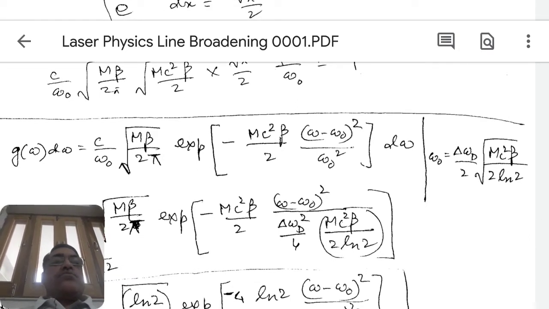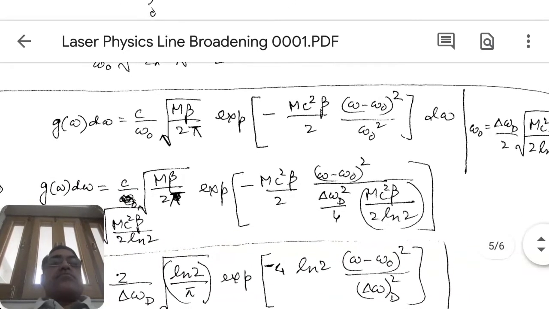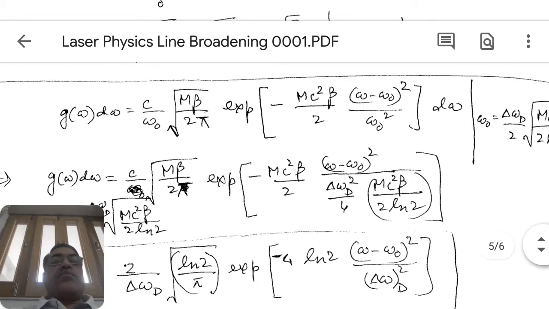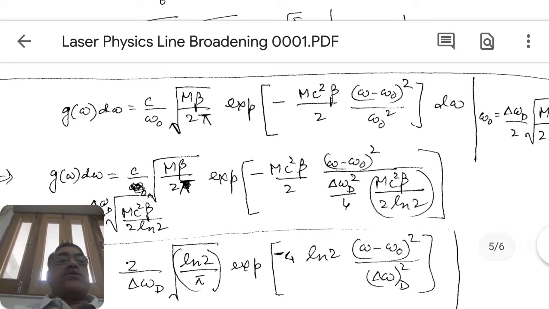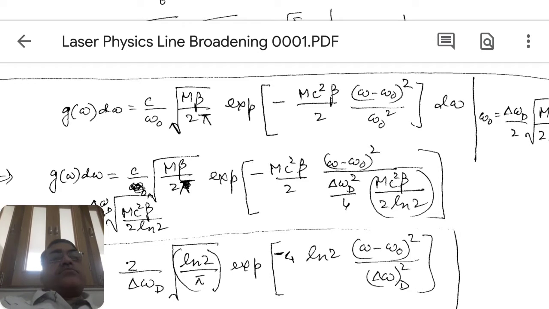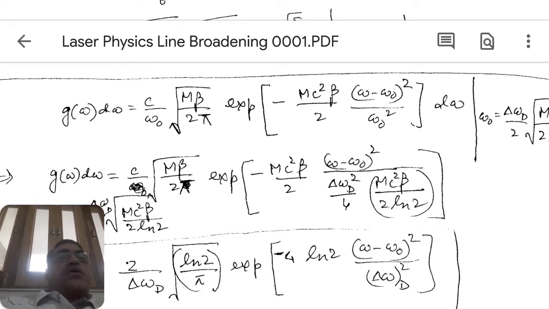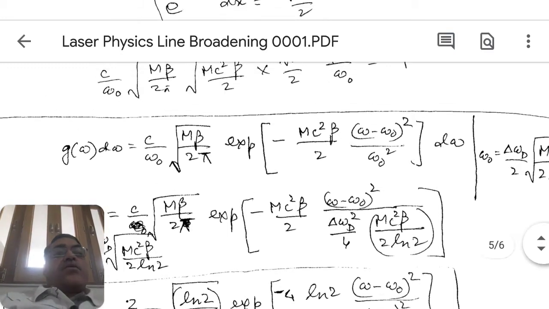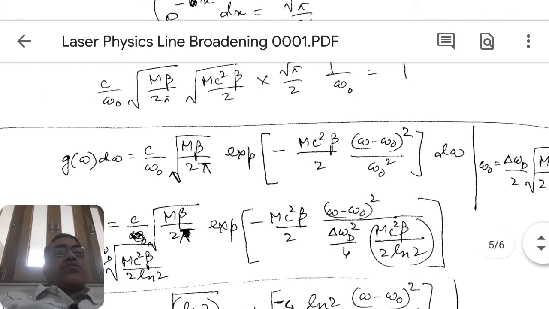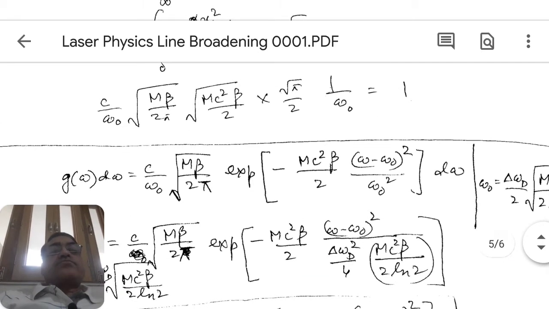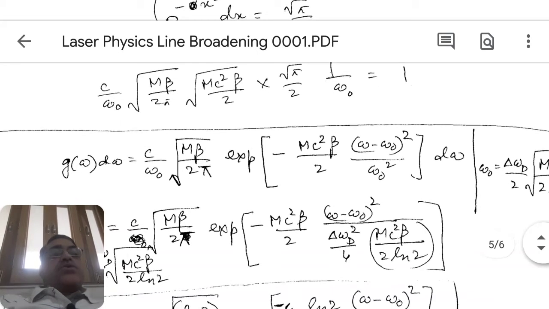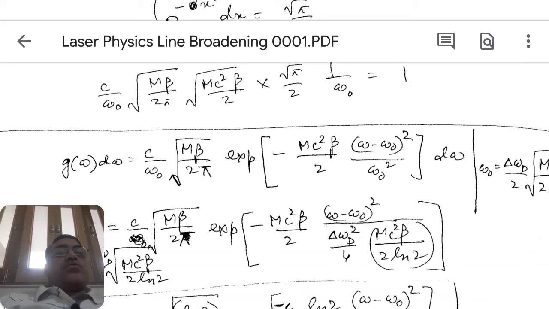Now on substituting we obtain c by under root of mc square beta by 2 natural log 2 into under root of m beta by 2 pi exponential minus mc square beta by 2 omega minus omega naught square, and this we have substituted from the just seen deduction. mc square delta omega d square by 4 into mc square beta by 2 natural log 2.